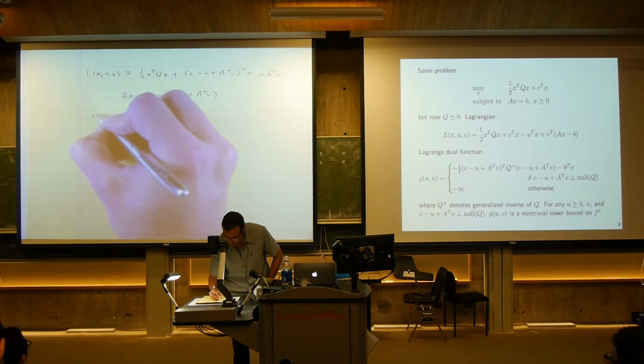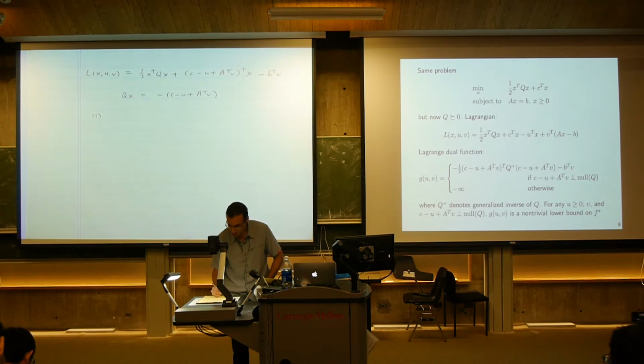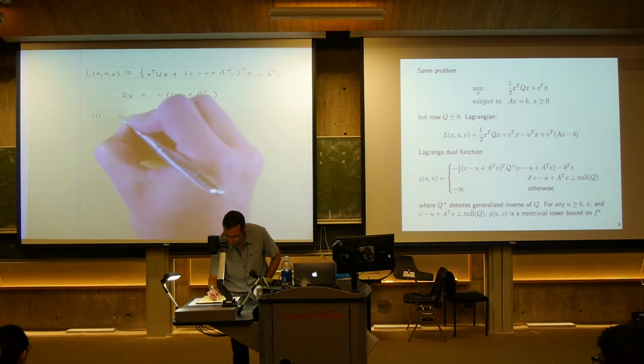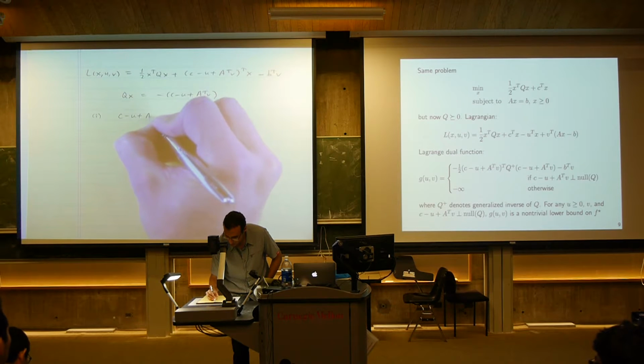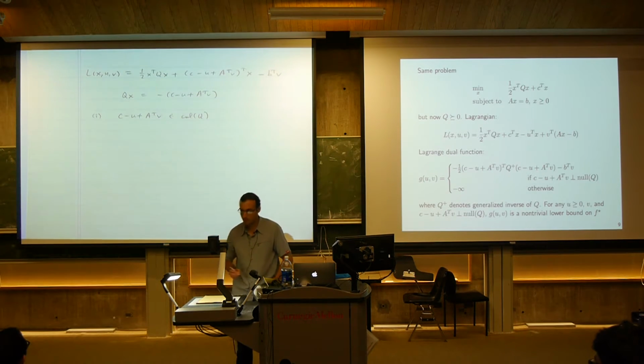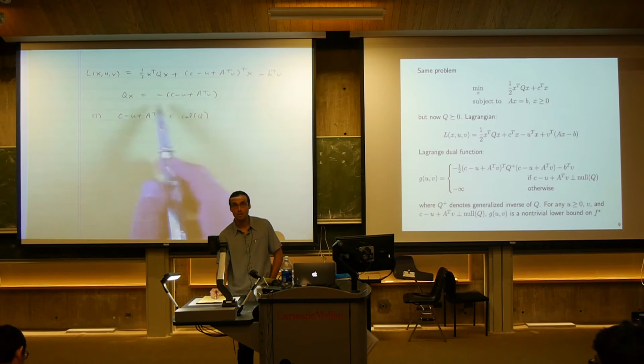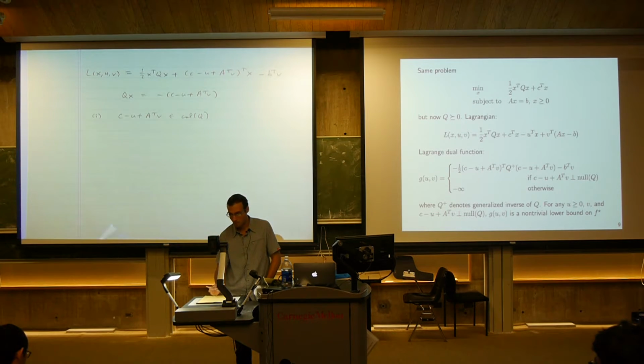So the first case is when c minus u plus A transpose v is in the column space of Q. That means that there is an x that makes this true. This linear system is satisfiable, right? There is a solution.